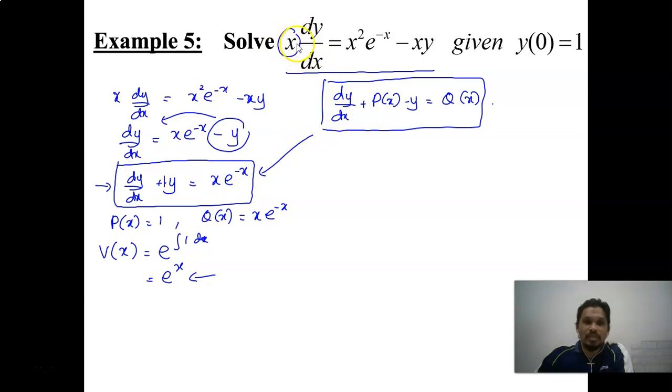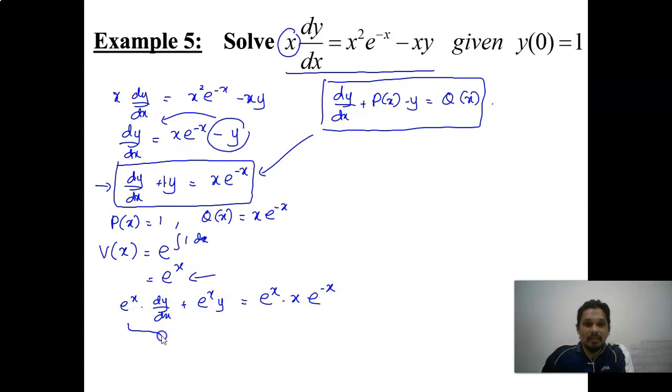The equation from this question has x multiplied with dy/dx, which is not the same because in the general form dy/dx is single, not multiplied with any x. Okay, so e^x multiplied with dy/dx plus e^x times y equal to e^x multiplied with x multiplied with e power of negative x.